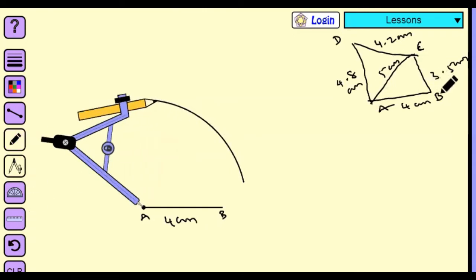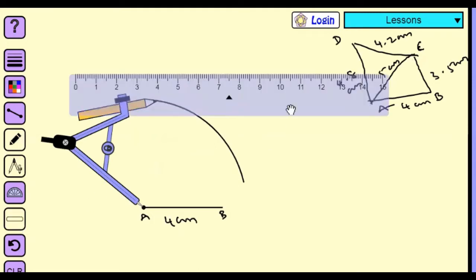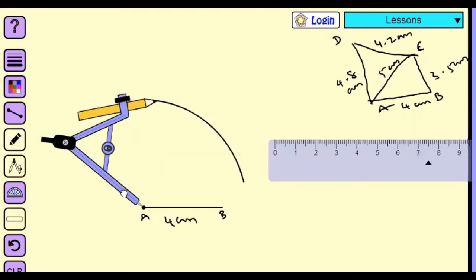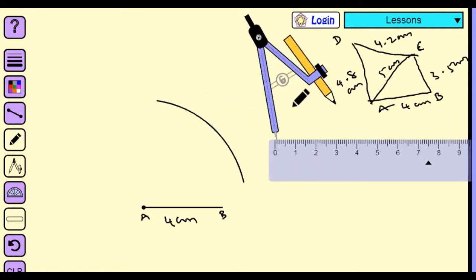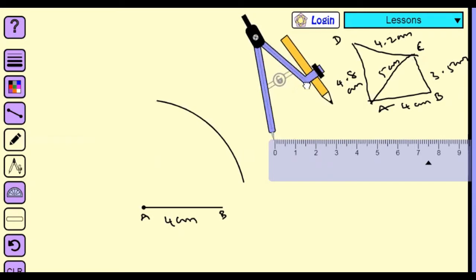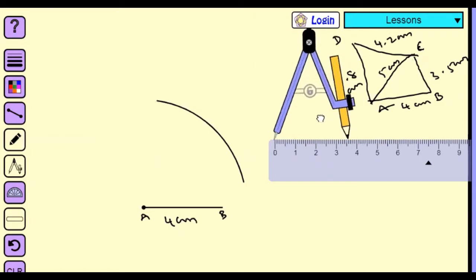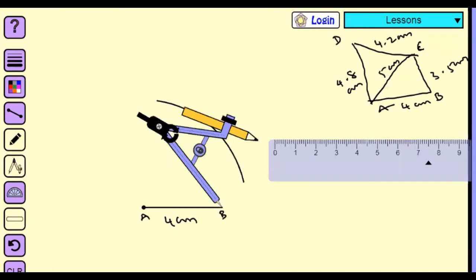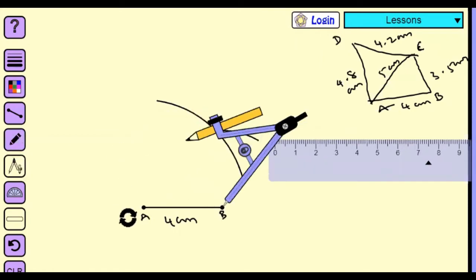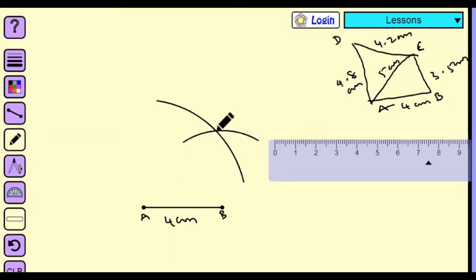And from B to C the length is 3.6 centimeters. Now take the compass and set the compass radius as 3.6 centimeters, and with B at the center, draw an arc which cuts the previous arc at a point C. Now join A to C and B to C with the help of the ruler.